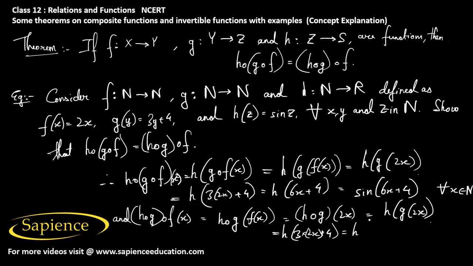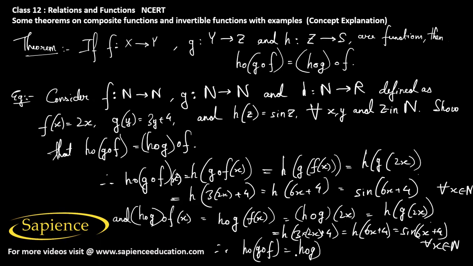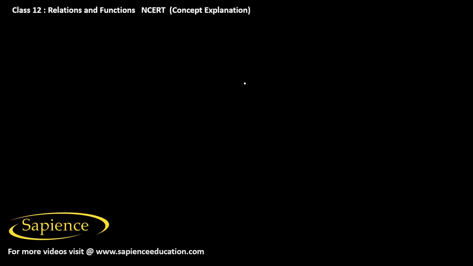So that will be also h of 6x plus 4, which is equal to sine of 6x plus 4 for all x belongs to N. So therefore we can see that these two are coming same, means h∘(g∘f) is equal to (h∘g)∘f. So hence proved. Hope you have understood this theorem on composite of three functions.